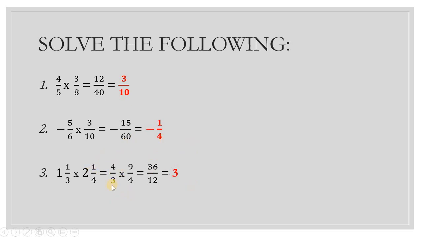So magiging 4 over 3 times 9 over 4. And then multiply 4 times 9, 36. 3 times 4 is 12, which is equal to 3. So final answer natin dito is 3. Okay? So, pwede rin ang gawin natin dito, again, i-simplify muna natin yung mismong fraction. Diba? Yan yung 4 and 4, 9 and 3, para mas maging madali sa atin yung pag-solve.